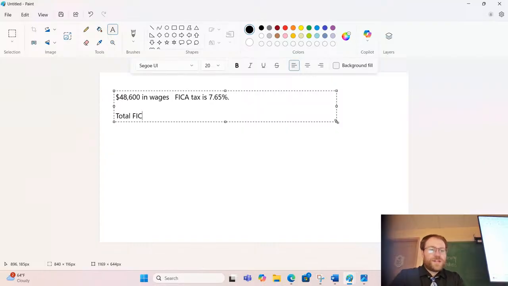So total FICA tax owed would be the 48,600 times 0.0765 to get the number. $3,717.90.